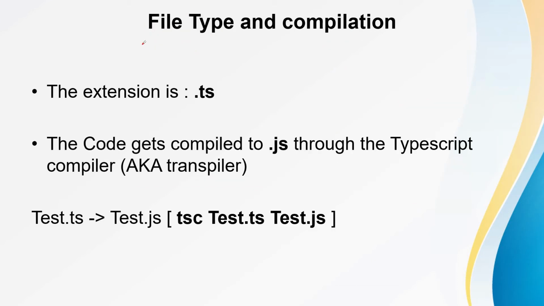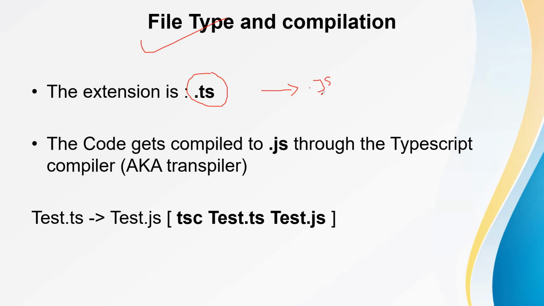Now let's see what the file type for TypeScript is. The extension for TypeScript files is .ts, just like for JavaScript it's .js. We already discussed that any TypeScript file is first converted into a JavaScript file.